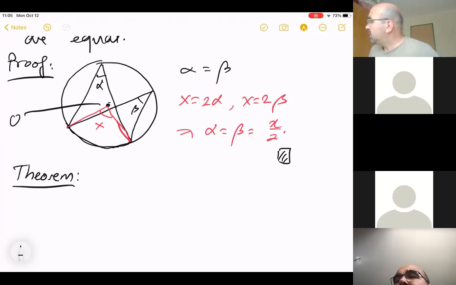So if I say, for example, if you take any 3 points in the plane which are not on the same line, there is a unique circle passing through all these 3 points. How do you prove this? Do you have an idea? Anybody have an idea?